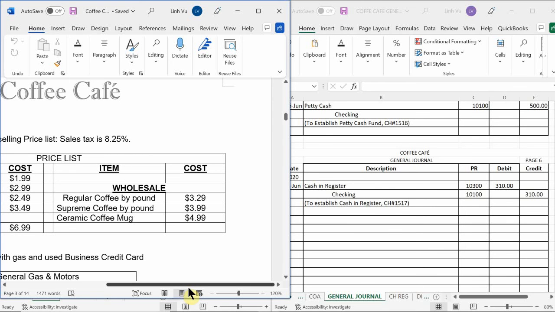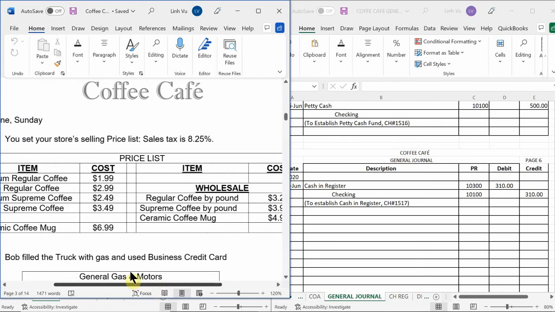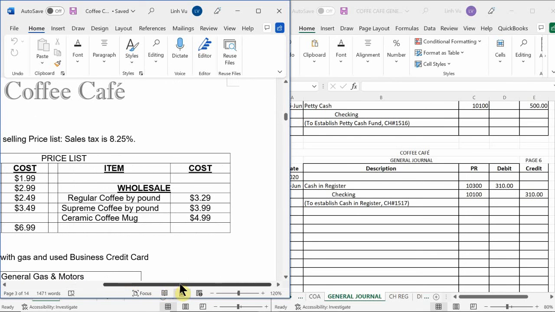So therefore, right, we buy it for $1.33. That's 100% profit there. And then, of course, we're also going to sell the Supreme Coffee by the pound for $3.99 a pound. And we're also going to sell our ceramic coffee mugs for $4.99 per cup. So those are the two selling prices for the in-store customers and for the wholesale prices.